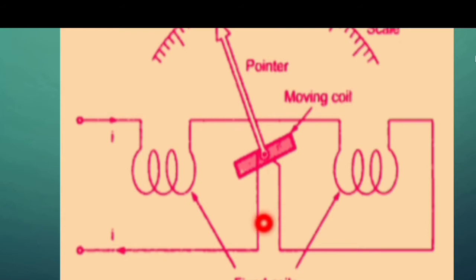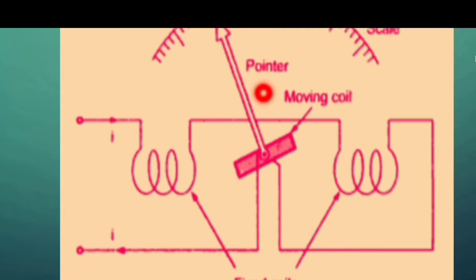So that spring arrangement provides the controlling force here, and for the purpose of damping we make use of air friction damping in this instrument. Air friction damping is developed by moving a piston inside an aluminium cylinder. That provides a damping force for the movement of this pointer.